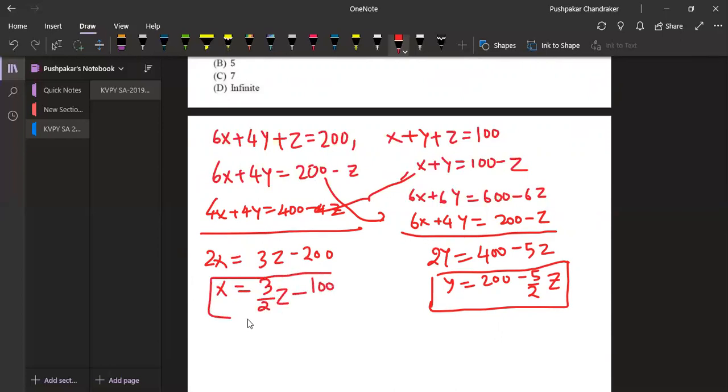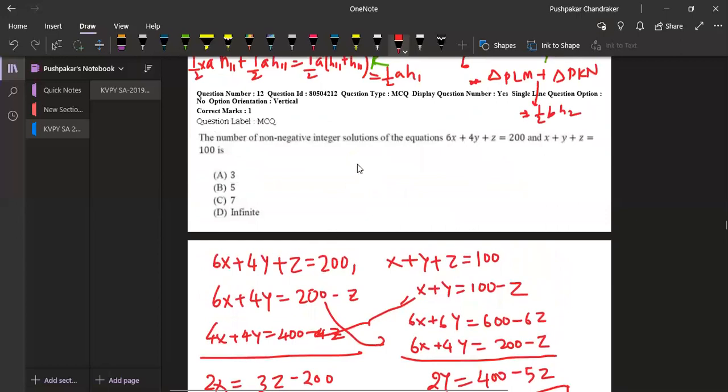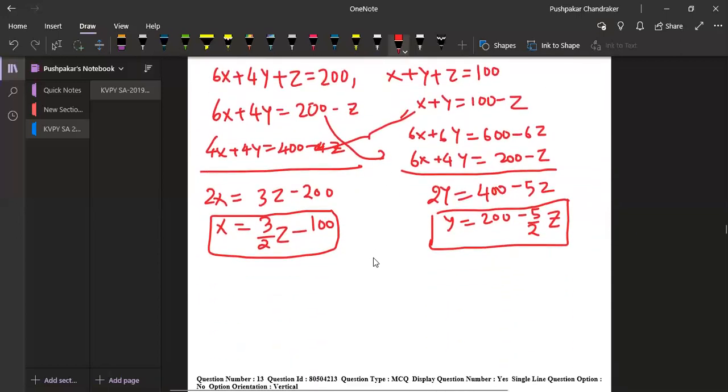So this is my x. You can notice x and y just depend on z. And they have told us the solution should be a non-negative integer. Matlab, in this case, x should be greater than or equal to 0, y should be greater than or equal to 0, and z should also be greater than or equal to 0. So apply the condition for this.